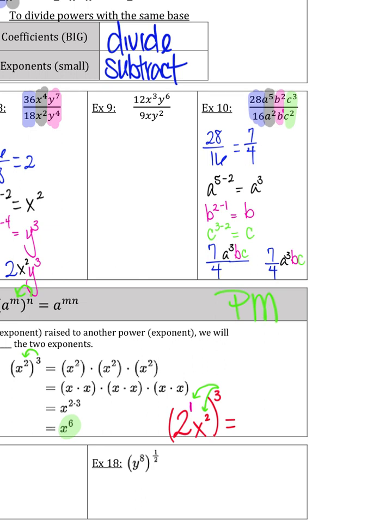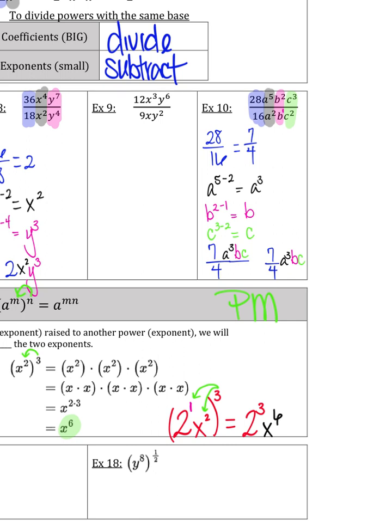So my final answer would be 3 times 1 is 2 to the 3rd power, and then this 3 times 2 for my x value is going to be x to the 6th power.